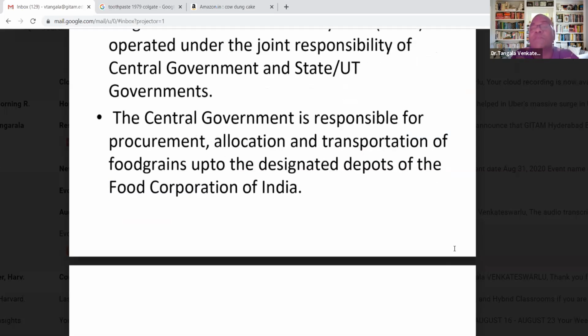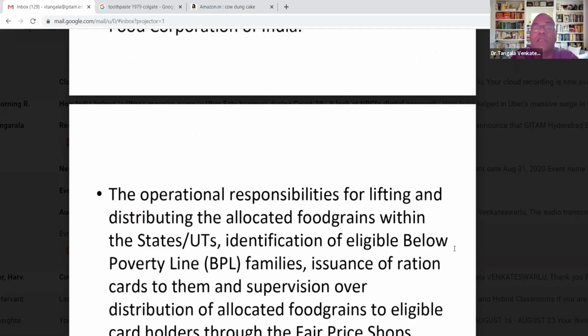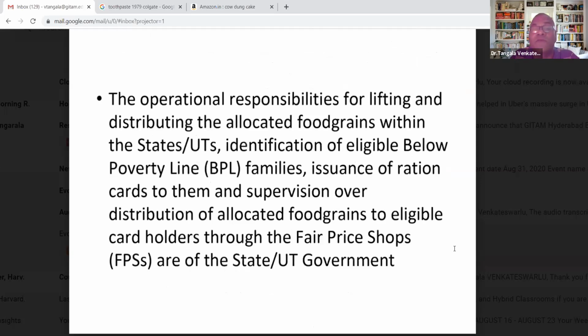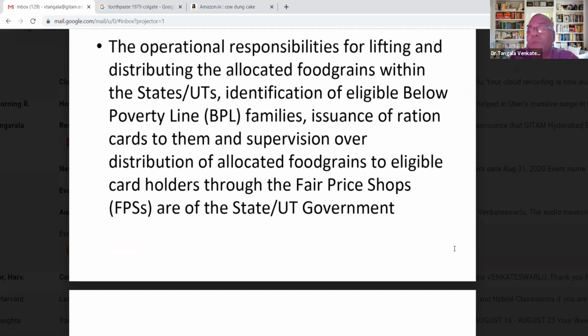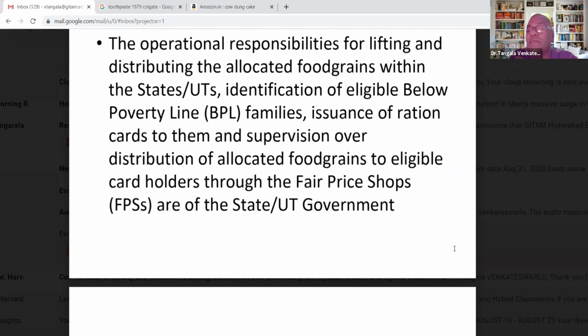Operational responsibilities for lifting and distributing the allocated food grains within states, identifying people with BPL, issuing ration cards, and supervising distribution of food grains to eligible card holders lie with the state government.